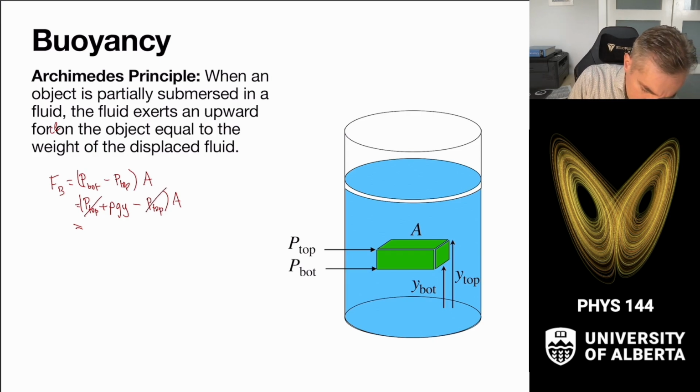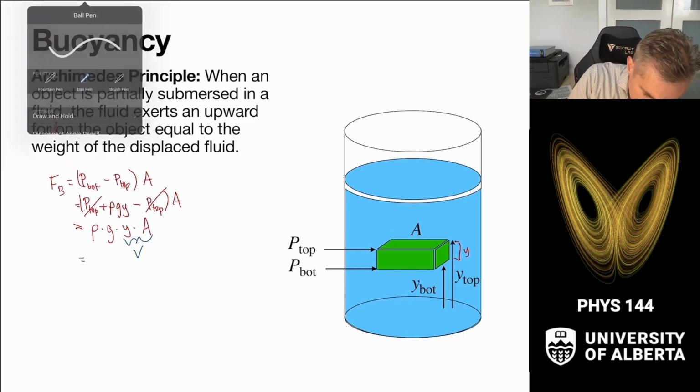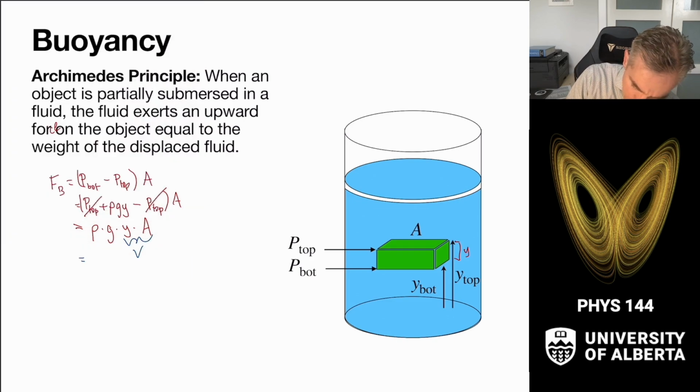And then this is going to be equal to rho times g times the vertical height of the object, which I'm calling y here, times the area. Notice that y times the area is the volume of the object, and the volume times the mass density, where rho is the mass density of the fluid, is the mass of the fluid.